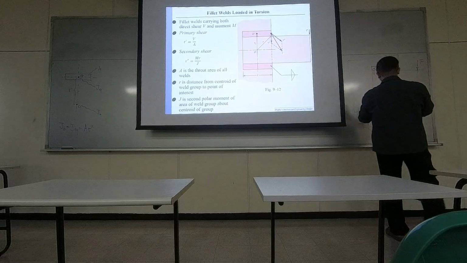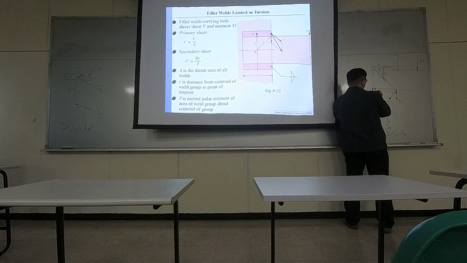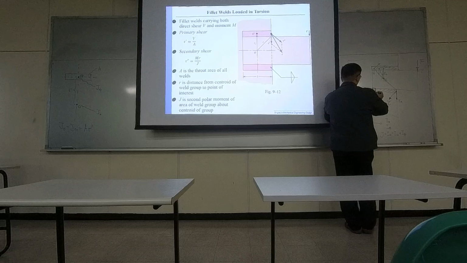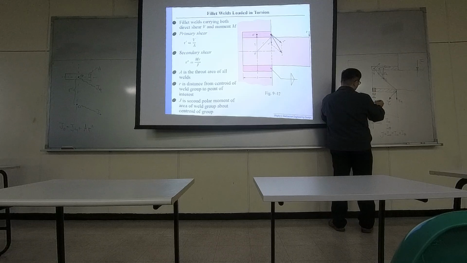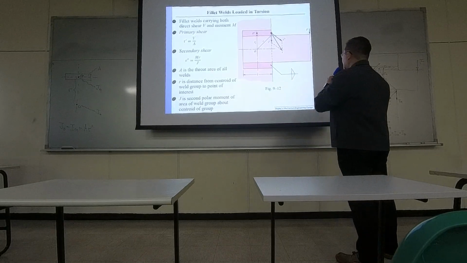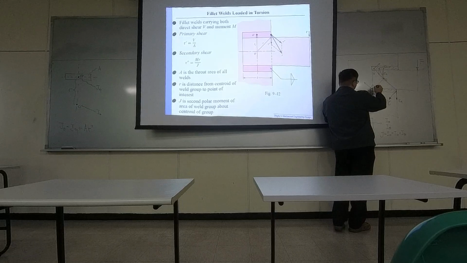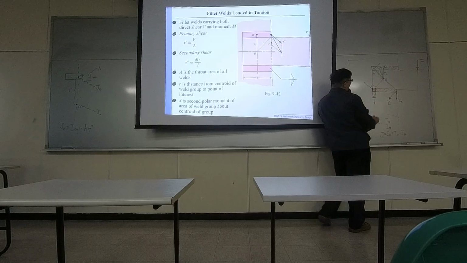So what's happening is, if you are investigating a small portion right here, and this is a small distance, let's say dx, you can compute the normal shearing stress coming down and also the rotational shearing stress that is normal to this radius, and you can get the distributed shear on this small area only.